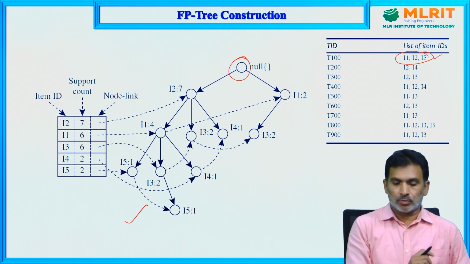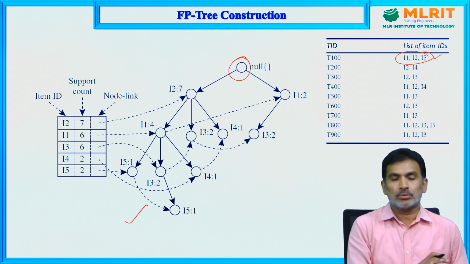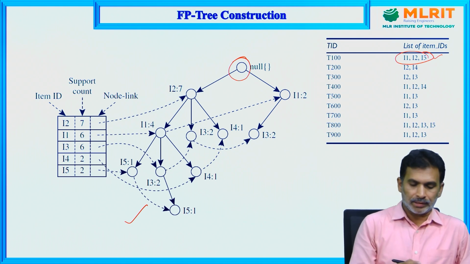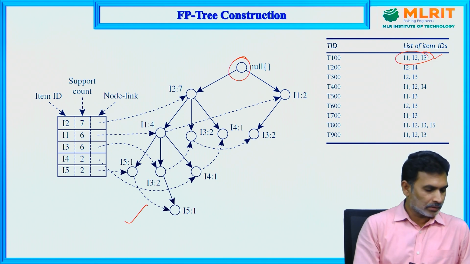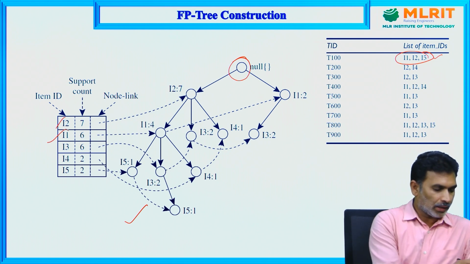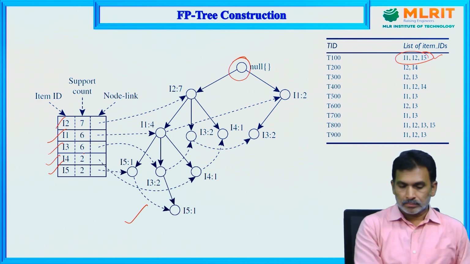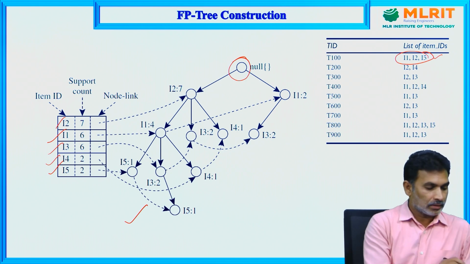Transaction 1 has items I1, I2, I5, and these items need to be ordered as per the frequency decreasing order. There are a total of 5 items: I2, I1, I3, I4, I5, and this is the order as per their frequency or support count.